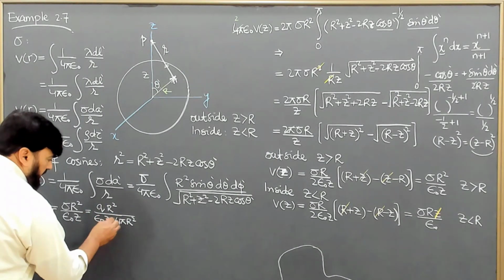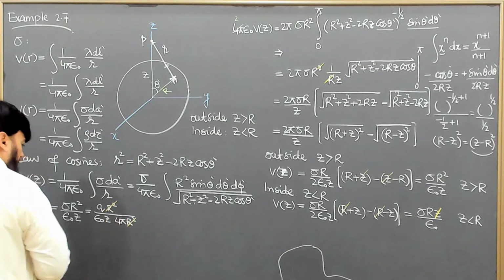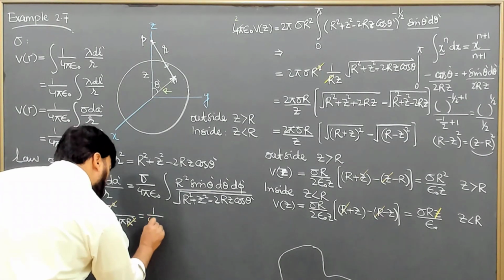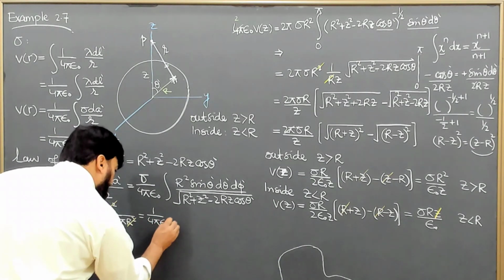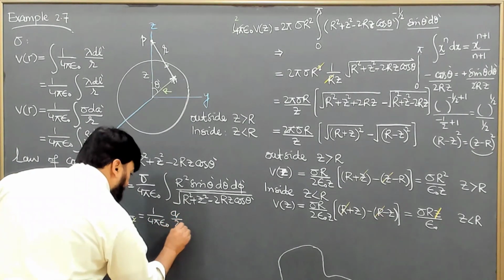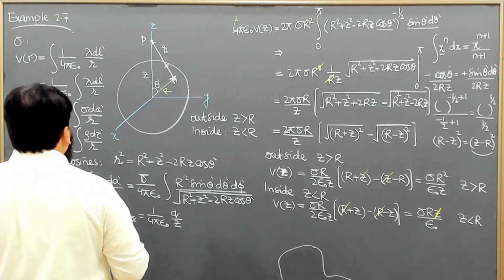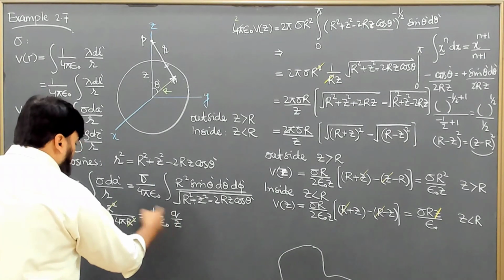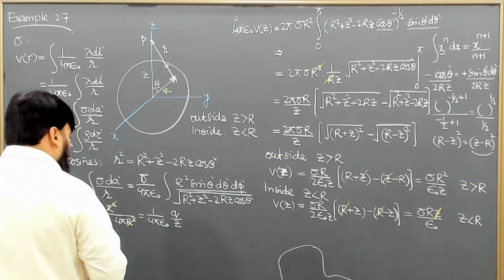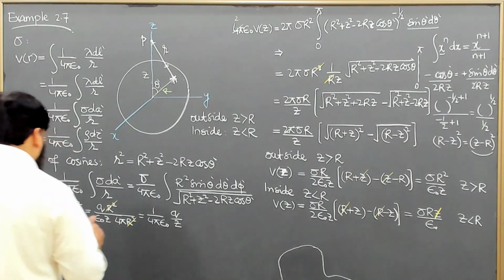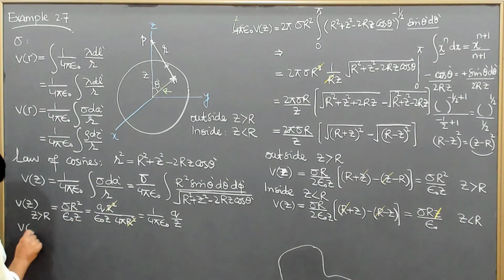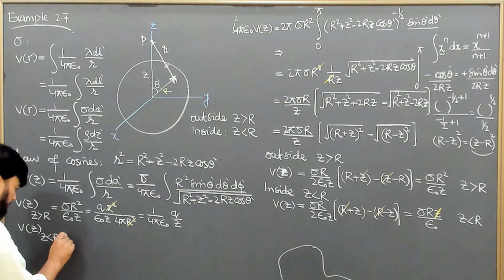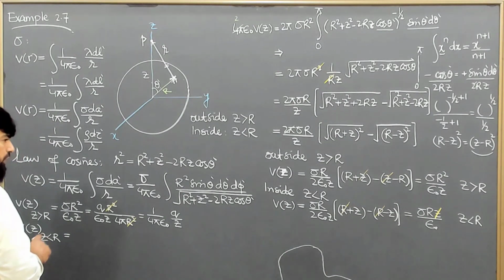This r square goes with r square, and we get 1 over 4 pi epsilon naught q over z here, which is the same as we had earlier, q over r, because there the distance we were counting is r.